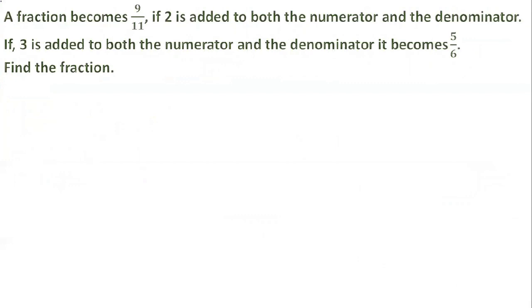Now see this question. Understand the question. A fraction becomes 9 by 11 when 2 is added to both numerator and denominator, and if 3 is added to both numerator and denominator, it becomes 5 by 6.